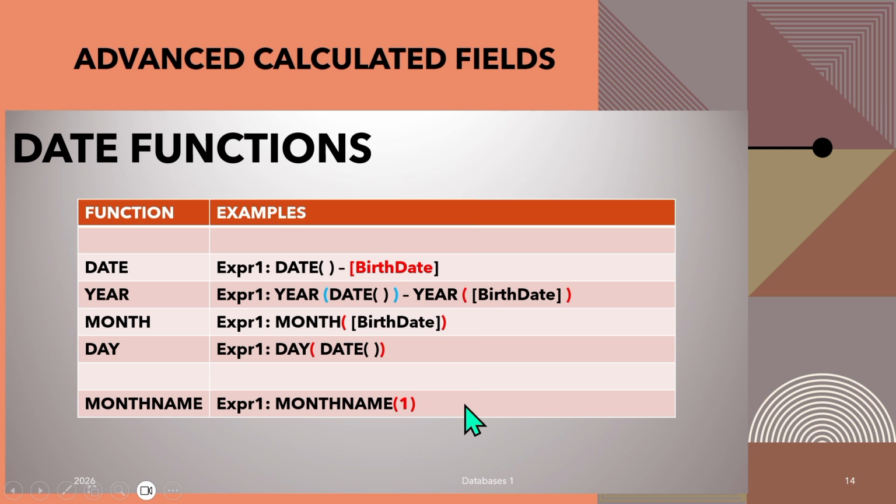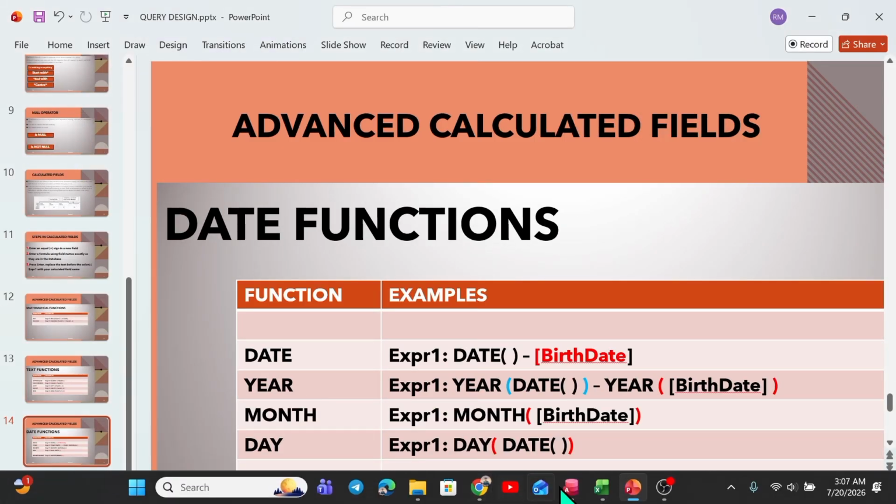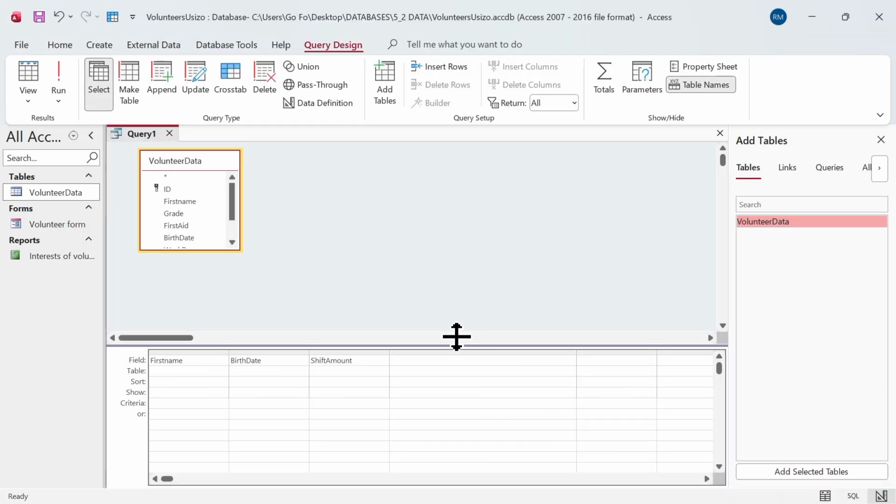Okay, now let's go back to our query. I have opened my query in query design, which is assigned to this table, and I've selected the following fields: the first name, birth date, and the shift amount. Let's look at the first one.